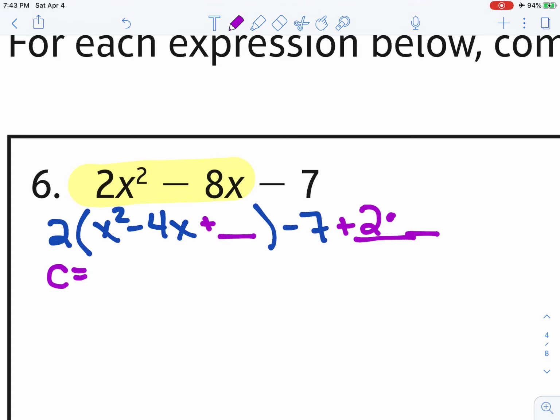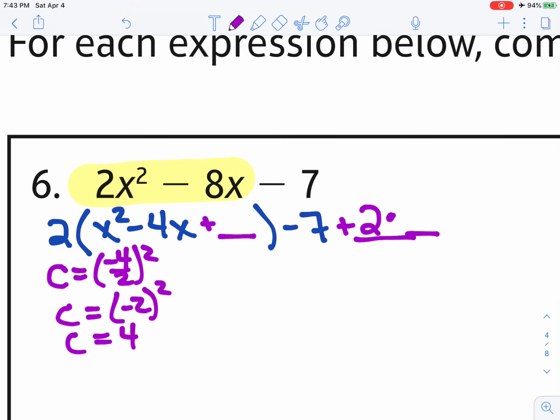So my c value would be negative 4 divided by 2, all squared. So c is going to be negative 2 squared, which is 4. So this is going to be a 4 here, but it's multiplied by this 2 that's out there.